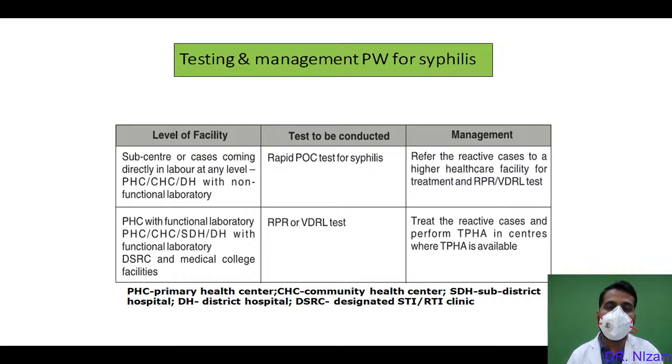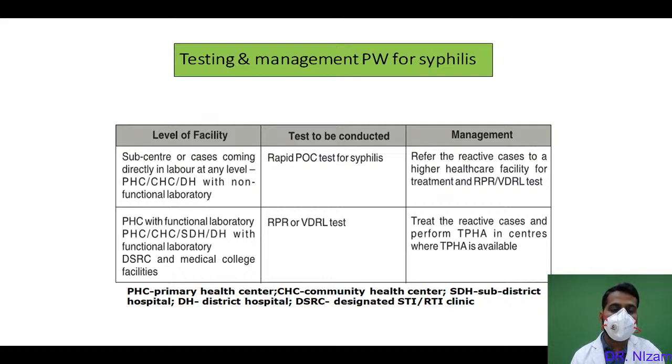Let's go to the treatment and management of pregnant women for syphilis. Now the whole algorithm for pregnant women is based on where exactly the pregnant woman is present. If she is present in an area where a laboratory is present, or in an area where a laboratory is not present.